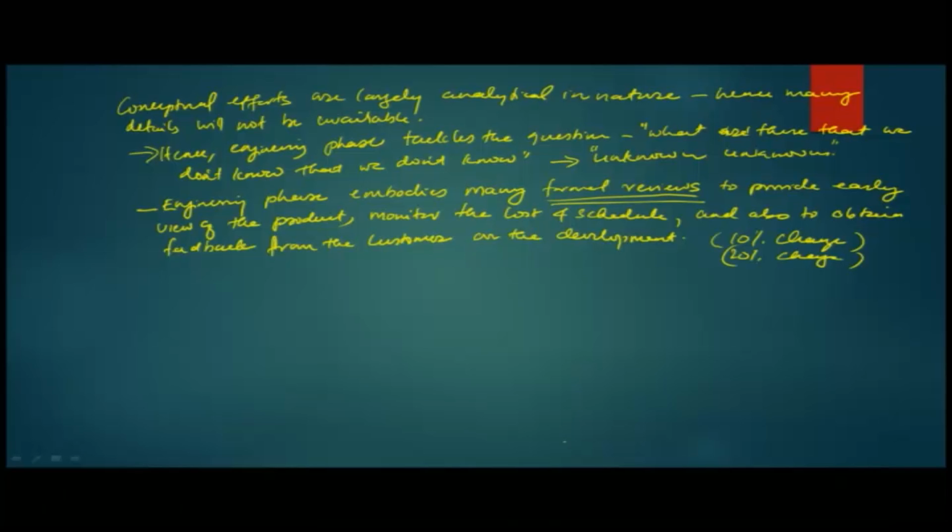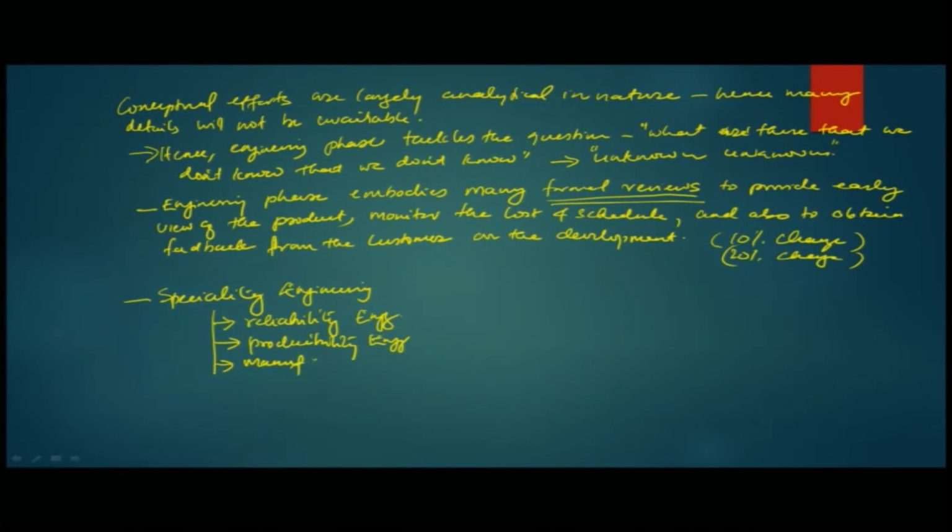Now, one of the things that we did not discuss too much here is the specialty engineering. Specialty engineering forms an important part of the engineering phase. So, what are the specialty engineerings? They are called reliability engineering, then we also call it producibility engineering. Some people also call it manufacturability engineering.